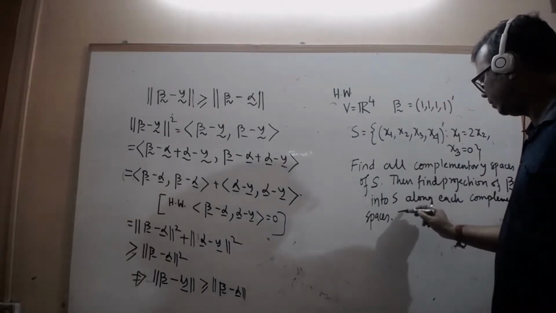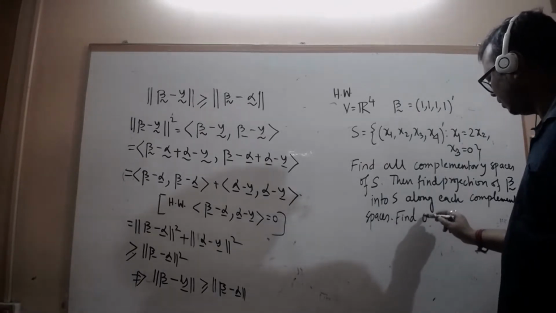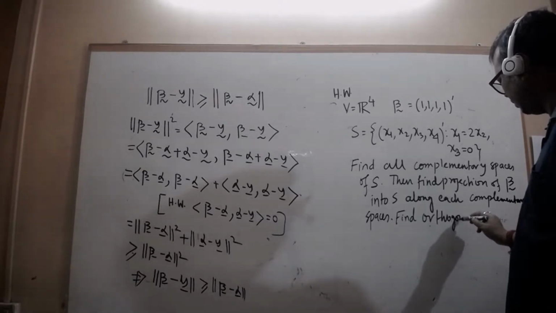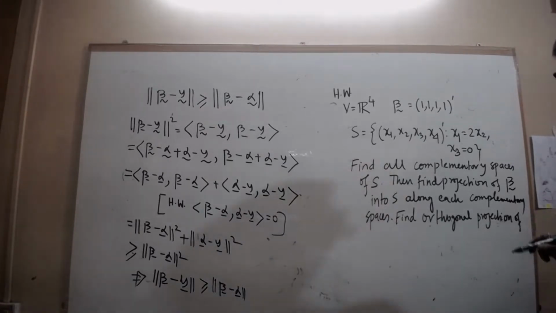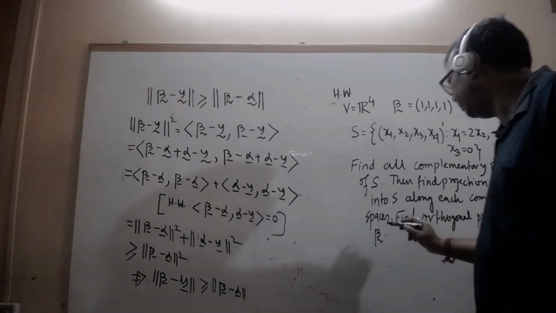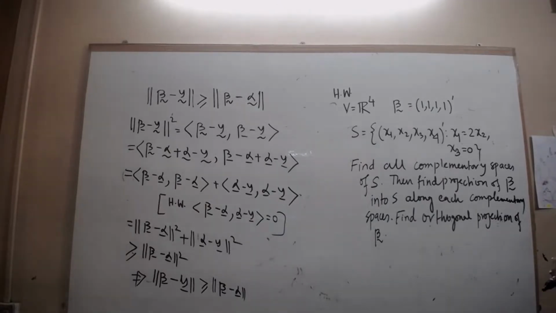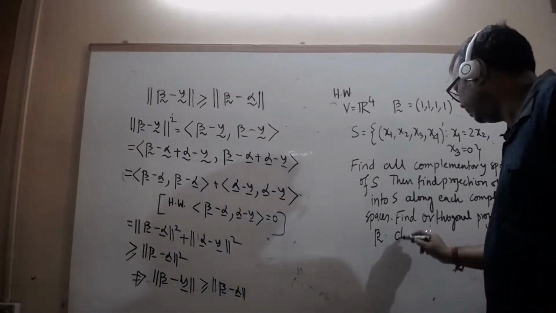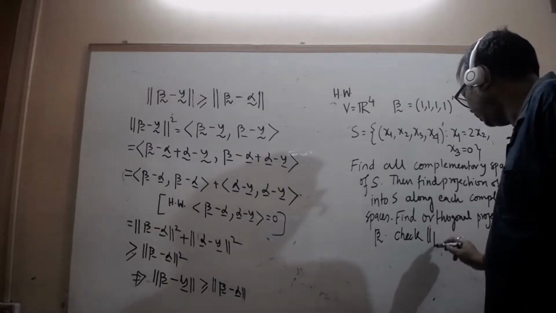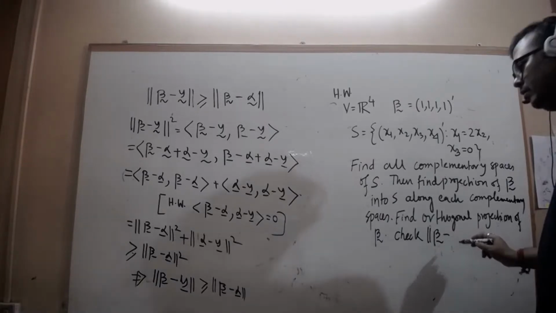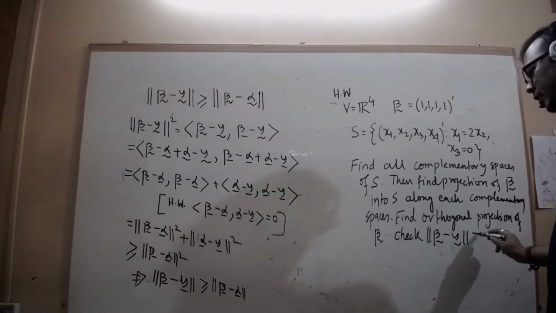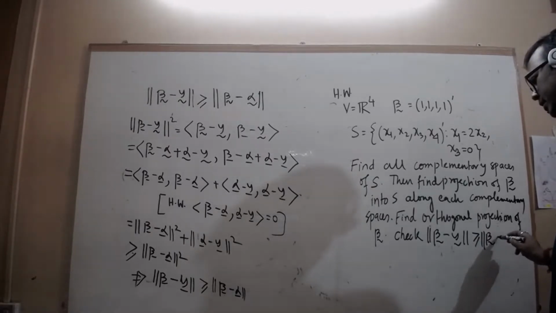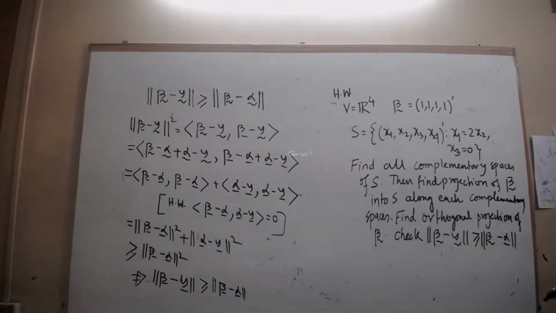Then find the orthogonal projection of beta curl, and check that beta curl minus y curl is greater than or equal to beta curl minus alpha curl, where alpha curl is the orthogonal projection.